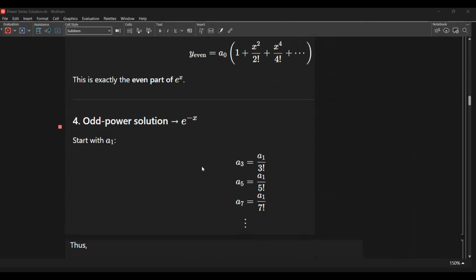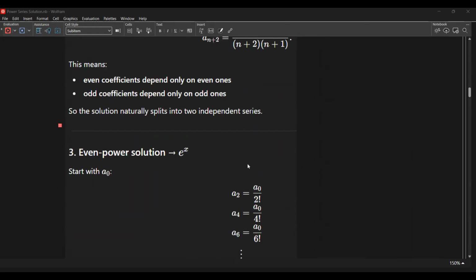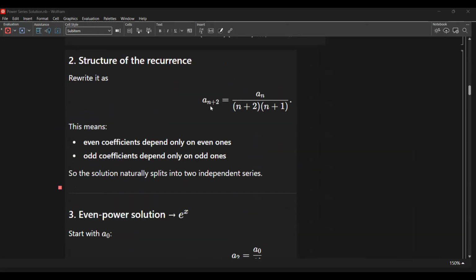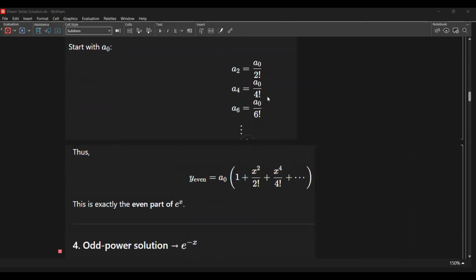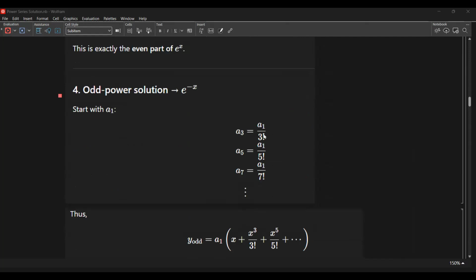Now for the odd ones, if n equal to 1, this is c sub 3, which is in terms of c sub 1. So we have c sub 3 equal to c sub 1 over 3 factorial, then c sub 5 equal to c sub 1 over 5 factorial, c sub 7 equal to c sub 1 over 7 factorial.